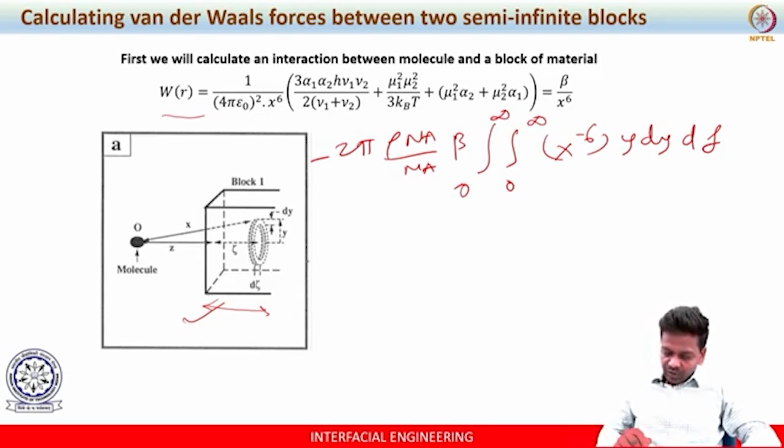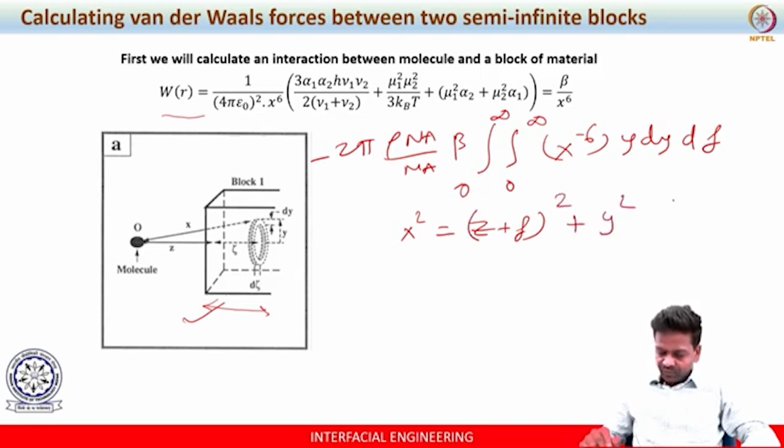We know from the Pythagoras theorem, you can look at this geometry and understand why we call it z plus zeta, that x square is z plus zeta square plus y square. Why have we done it this way?